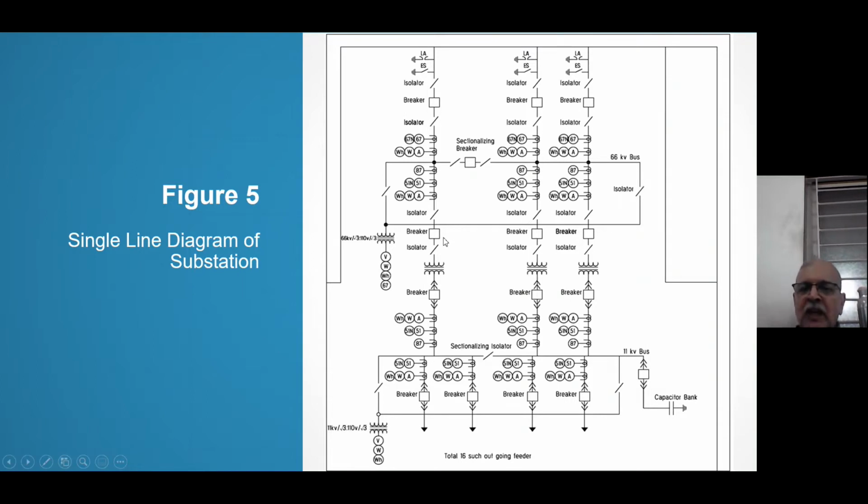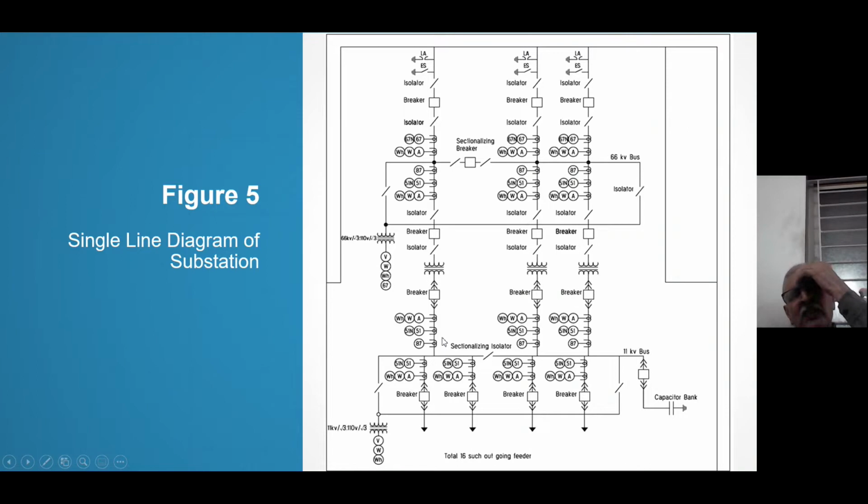Then I come to breaker, isolator, transformer, breaker, and then once again on the secondary side, ammeter, wattmeter, whatever meter, 51 and 51N, that is overcurrent and earth fault protection, and then 87, that is the differential protection, because it should be on both sides of the transformer, right?